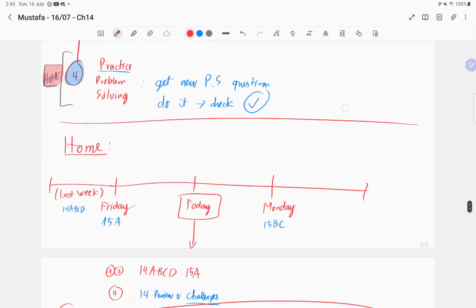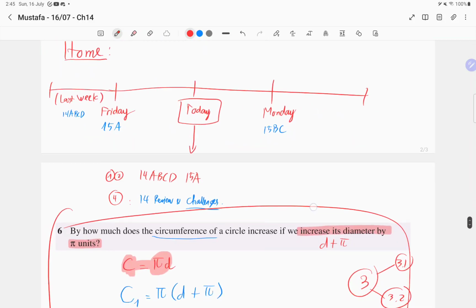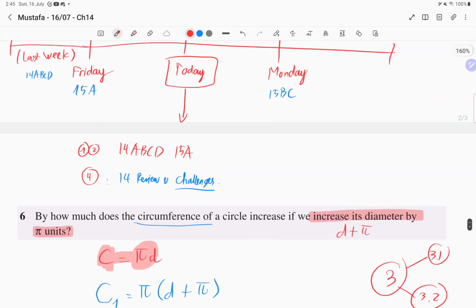Again, back to this point. Right now, you will need to go back and do the chapter 14 review and challenges, because that's step 4. That's the important step in the process for you to be able to do problem solving by yourself.